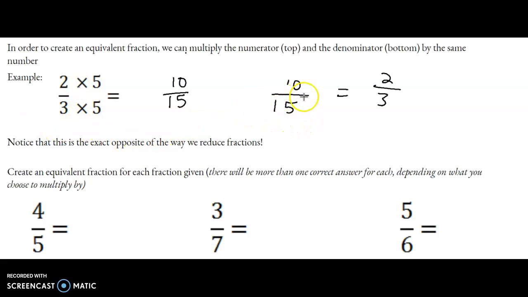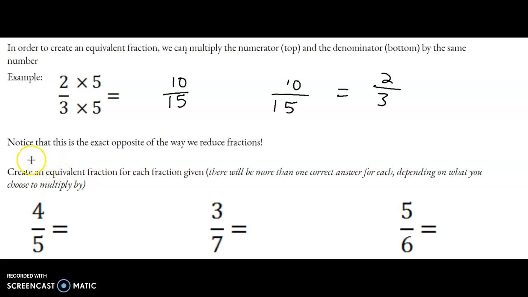Or if you want to simplify 10/15, we again divide by 5 instead of multiplying, and we will simplify it. So simplifying is the opposite form of equivalent fraction, but they're equal.